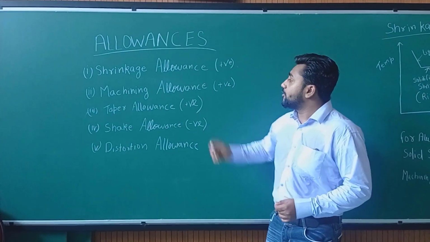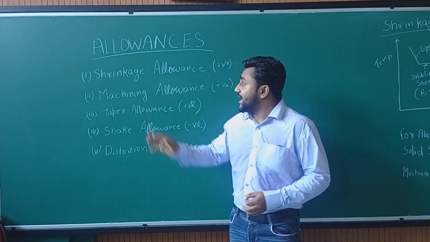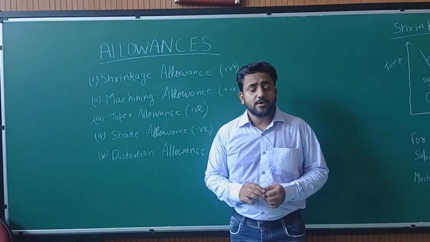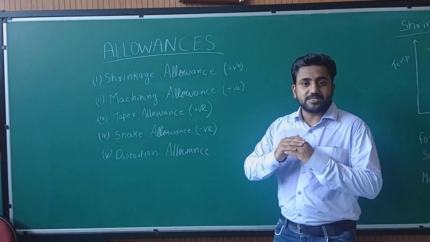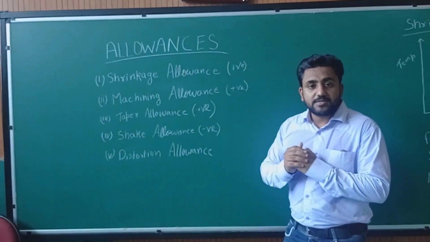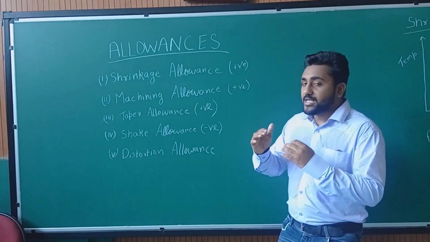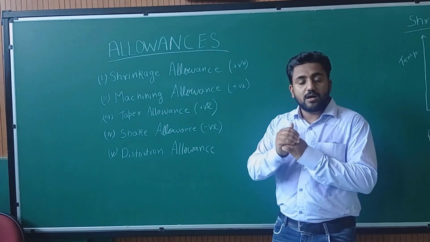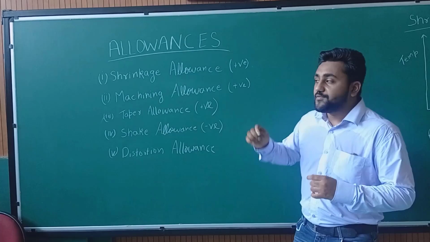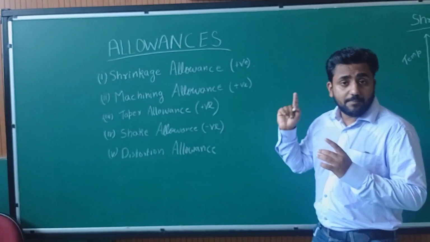First we will discuss what shrinkage allowance is. As the name suggests, shrinkage allowance means that whenever the metal is in liquid state and cools down to room temperature, the metal shrinks, which means that if we make the pattern of bigger size, it will shrink and become smaller. That's why we give allowances to the pattern.